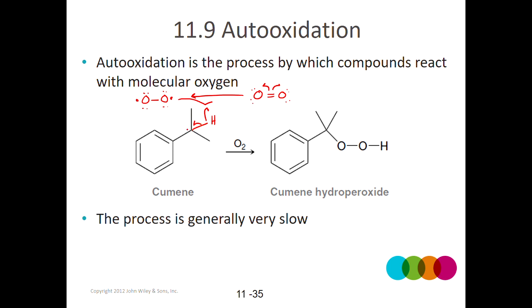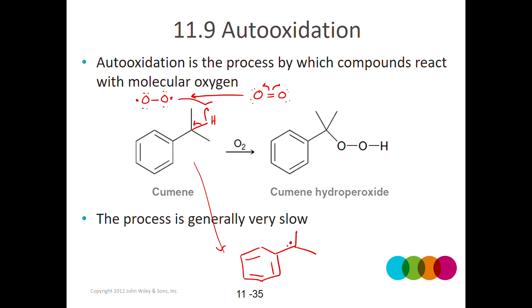So if I have a molecule, like cumene, for example, that can produce a relatively stable carbon radical, which I have here, not only is it tertiary and stabilized through hyperconjugation, it's also stabilized through resonance with the ring, the pi bonds in the ring. This could happen sometimes.